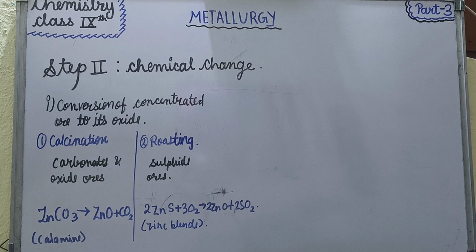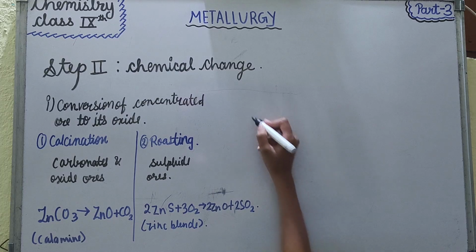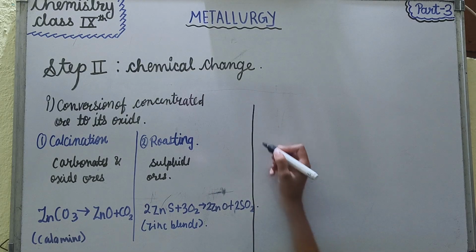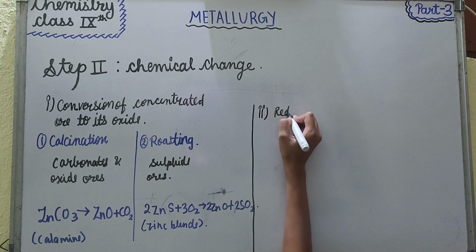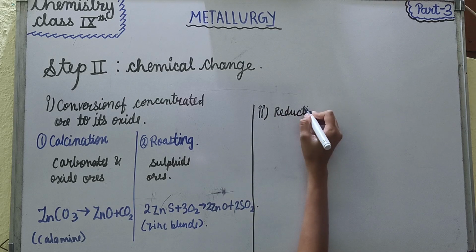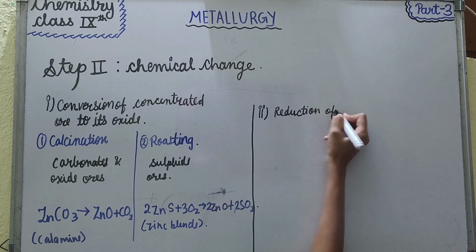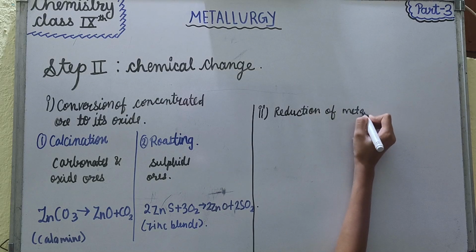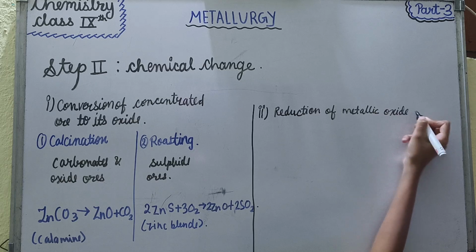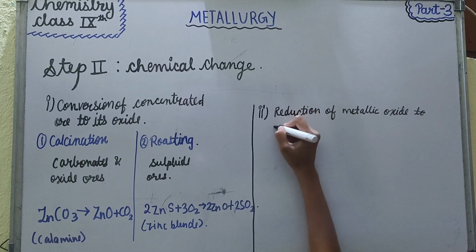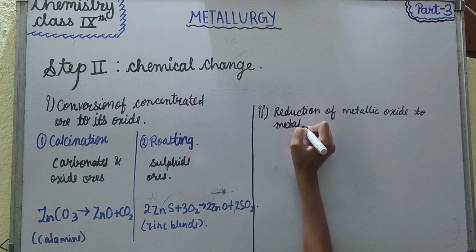Second process is reduction of metallic oxide to metal.